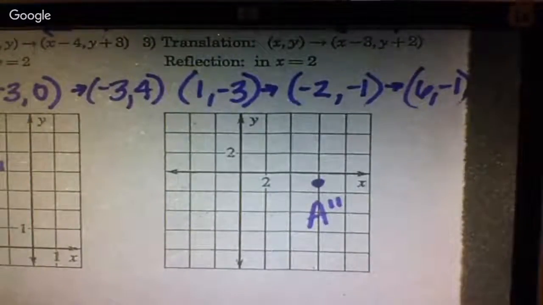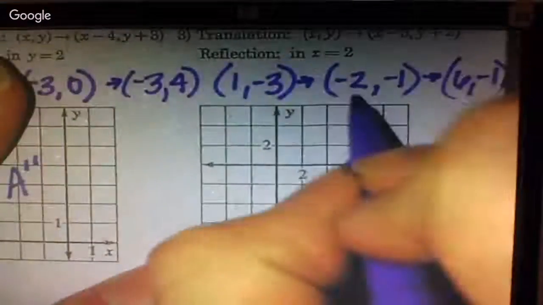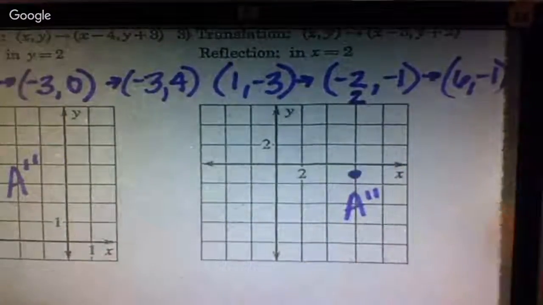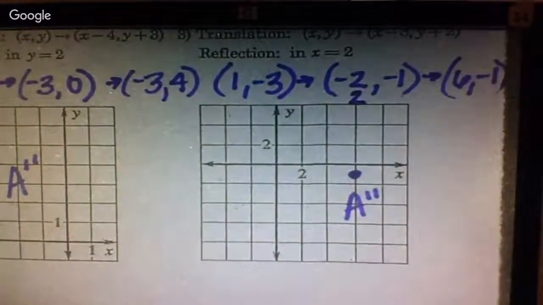Anytime it's a vertical line, it changes your X's. So how far is -2 away from +2? 4 spaces. So I would add 4 to get to 2. Then I add another 4, which takes me to 6.